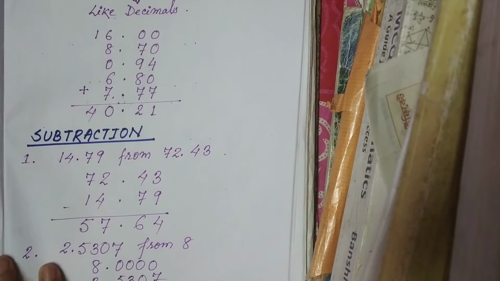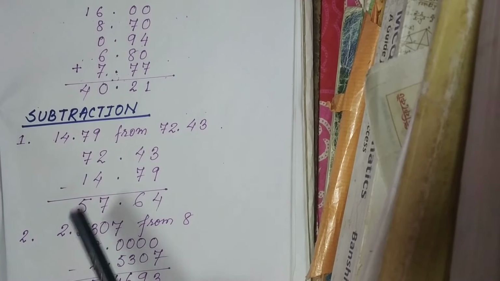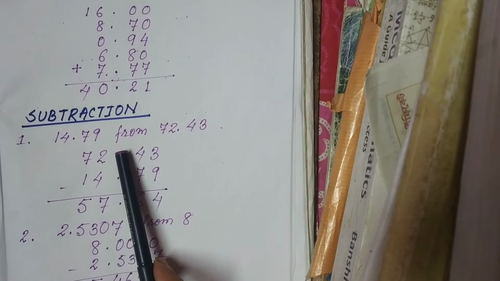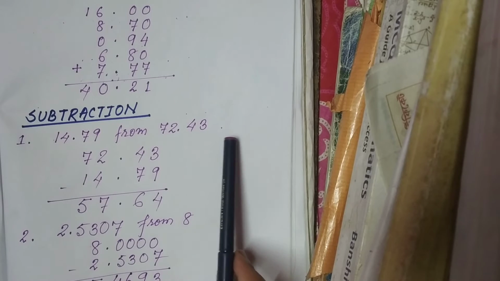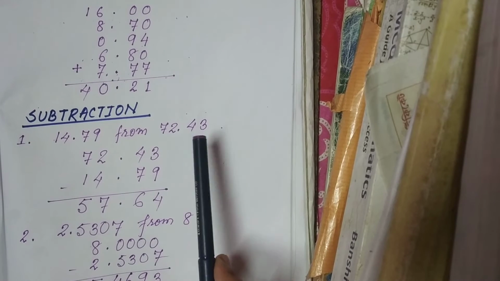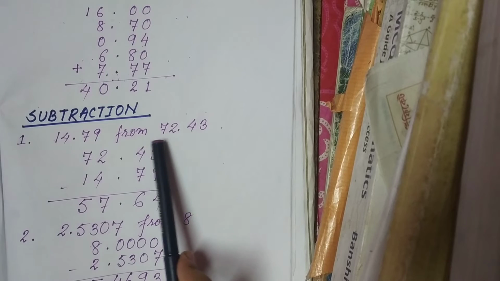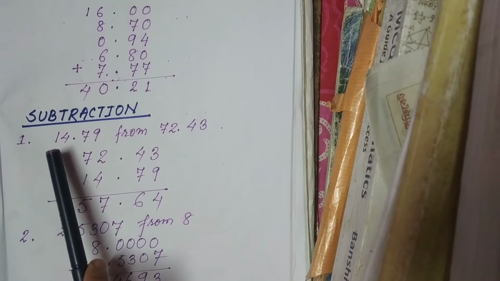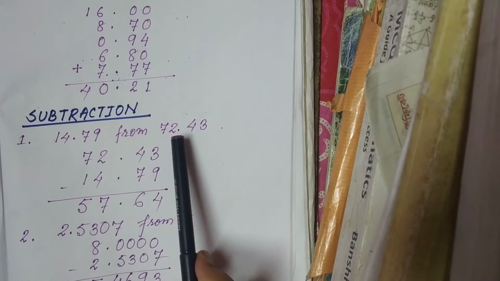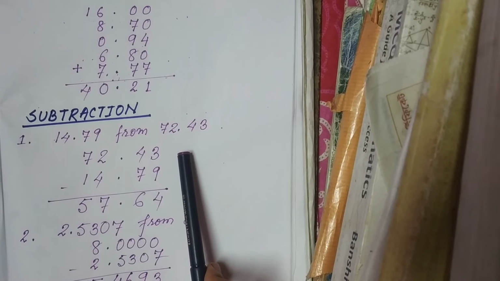You can see here the first question is 14.79 from 72.43. I have to subtract this. How will I subtract? I will take the number which is greater, from which I have to subtract 14.79. So I have written 72.43 first.